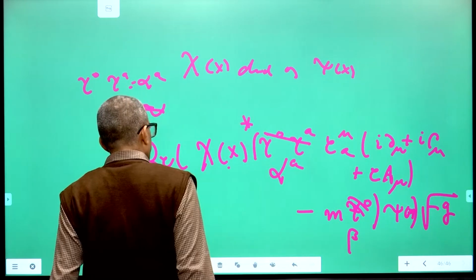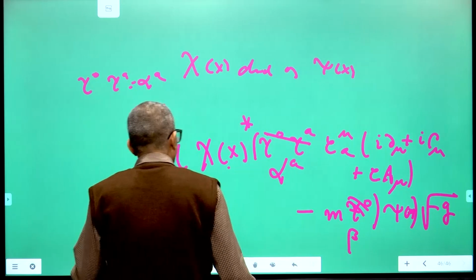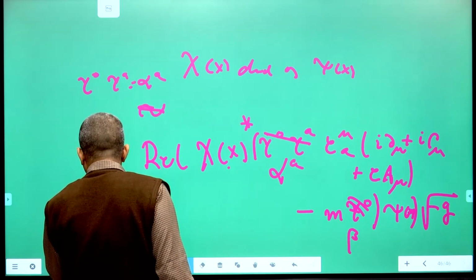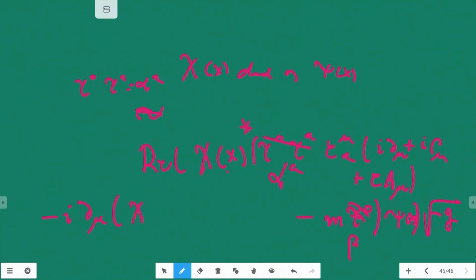So what about the dual equation satisfied by chi? If you take the variational derivative of this with respect to psi, you will get minus i dou mu of chi star. Chi star means conjugate transpose, into E mu A of x into root minus g.